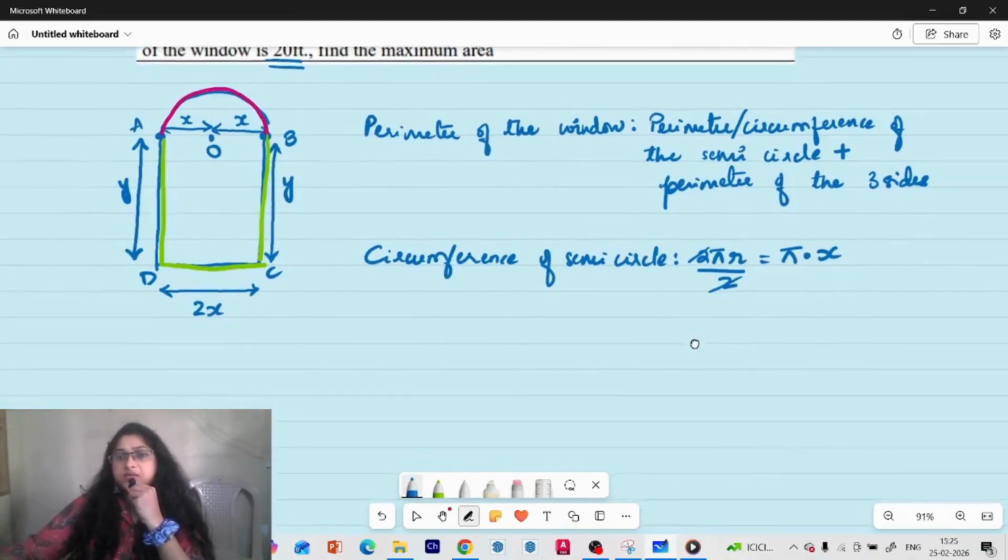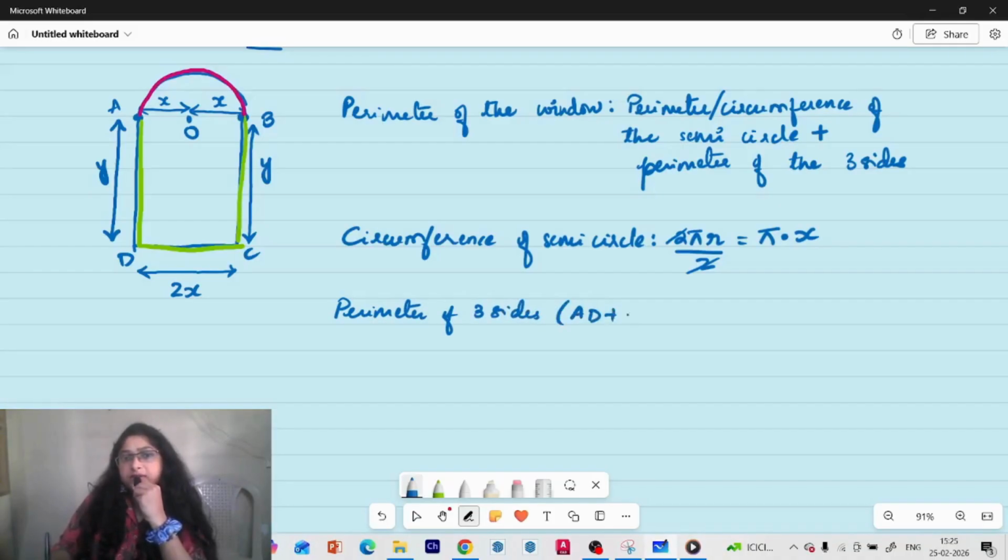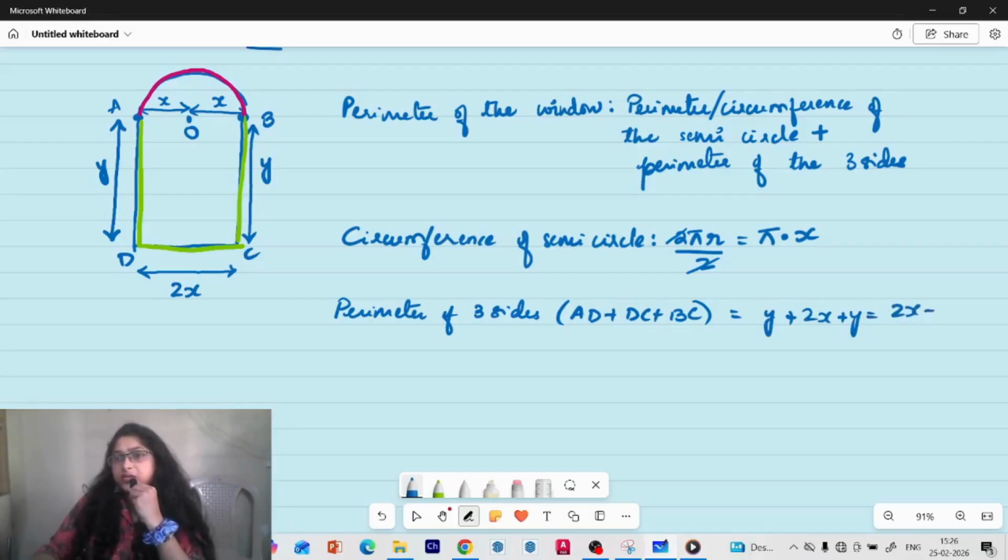Alright, next what do we have to do? The perimeter of the three sides. We are doing AD plus DC plus BC basically. So that's going to be equal to how much? AD is y, plus 2x, plus y. So 2x plus 2y.